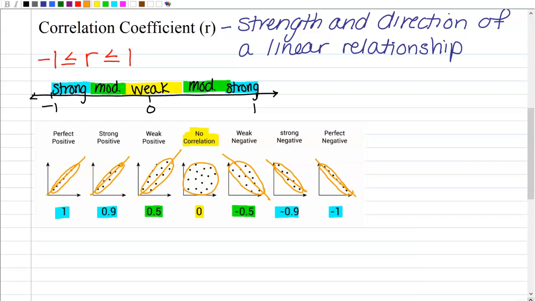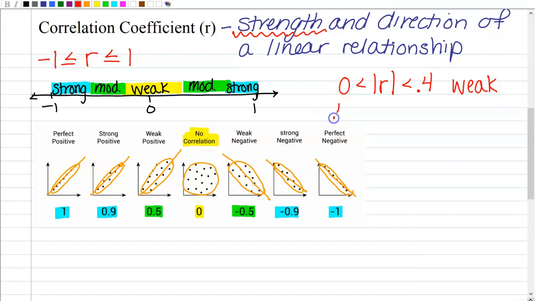So when we talk about the strength of a linear relationship, we can use the words weak, moderate, or strong to describe the strength of the relationship. If the absolute value of R is greater than 0, but less than 0.4, we would describe that as a weak relationship.